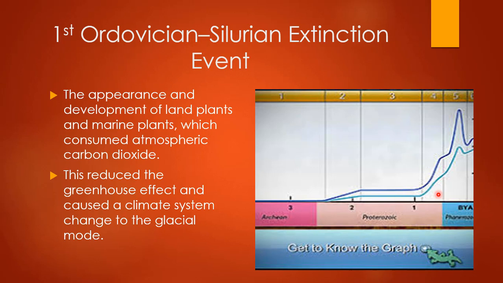So because land plants were sucking in the CO2 and making oxygen, the greenhouse effect was dampened and it got colder. So that would be where you would write it in on your cause and effect. The effect was CO2 got sucked in and it got colder, went to a glacier mode.